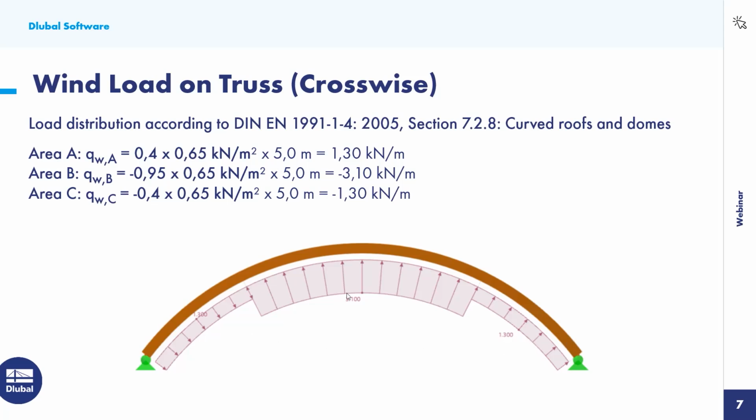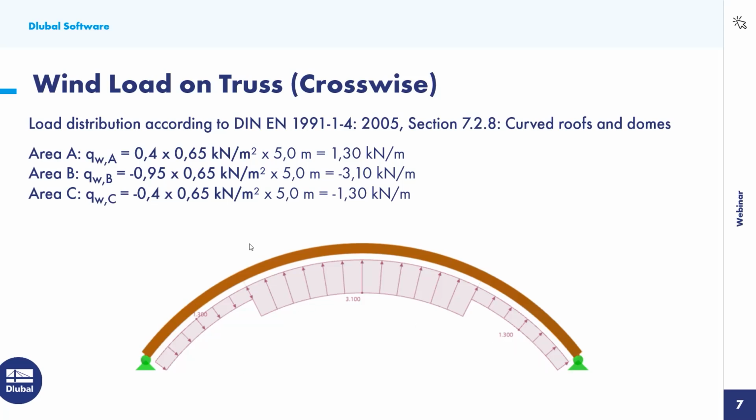For each area, we will have different cp values, starting with 0.4 for the first area, 0.95 for the second area, and also 0.4 for the last area. This area is 1/4 of the length of one of our trusses, and here is also the rest. 1/4 of it will be applied as a weak pressure, and also the rest as wind draft.